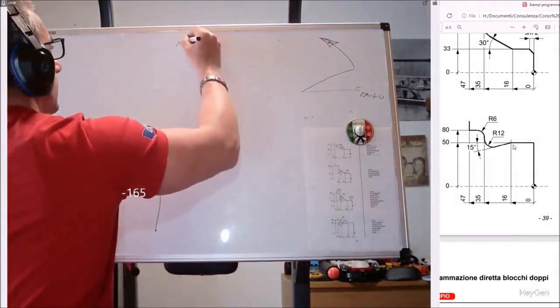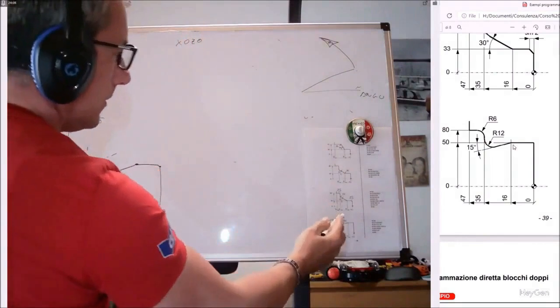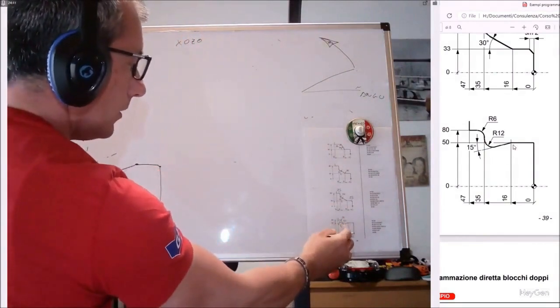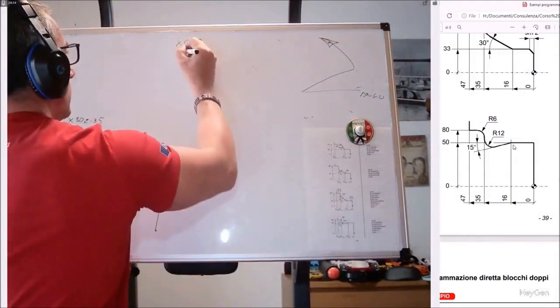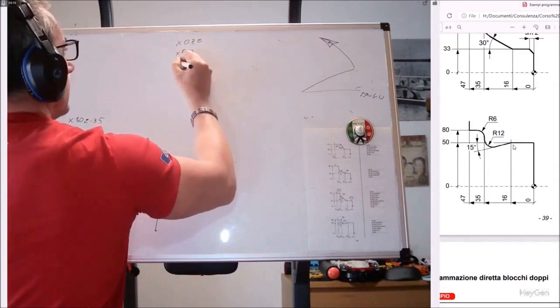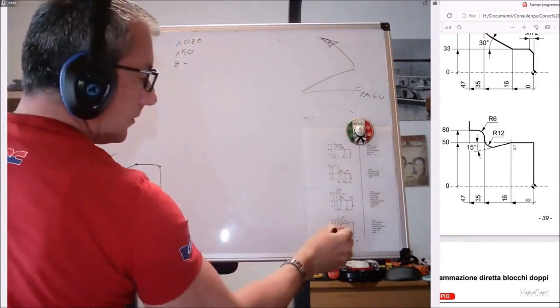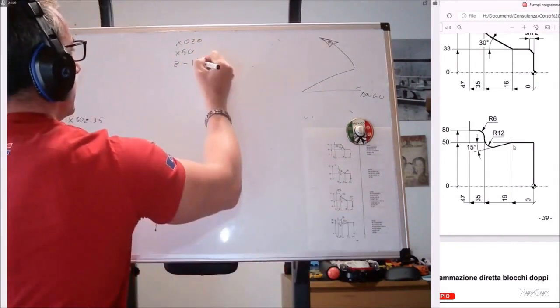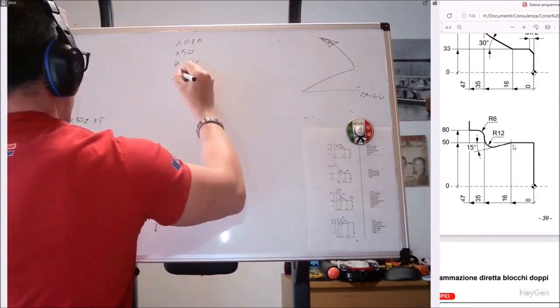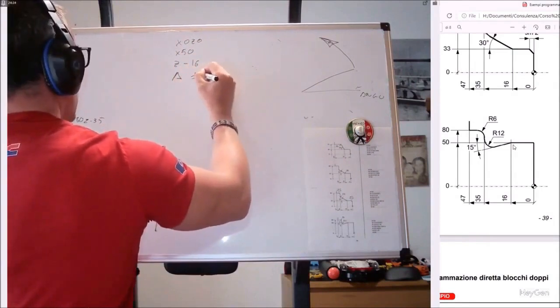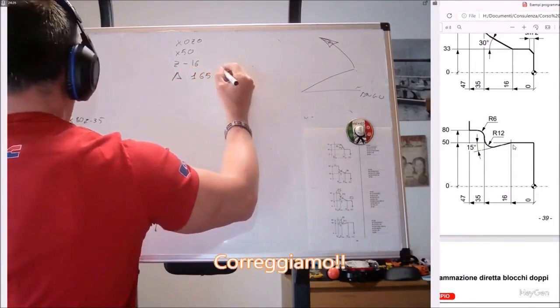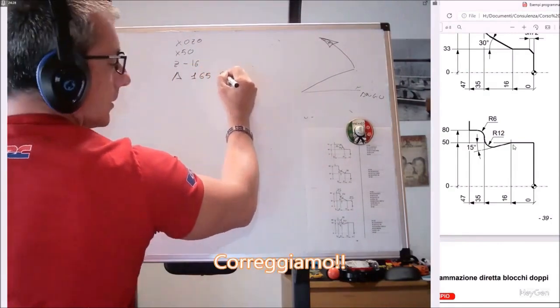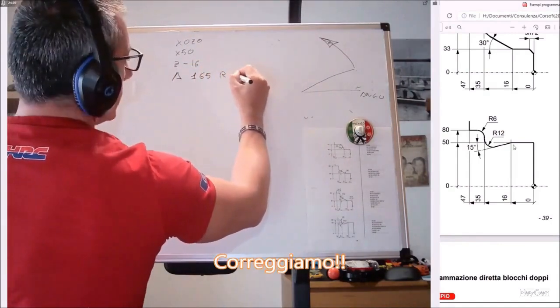So, X0, Z0, then X50, Z minus 16. Then we simply say angle 165, which will end with a radius of 12 millimeters.